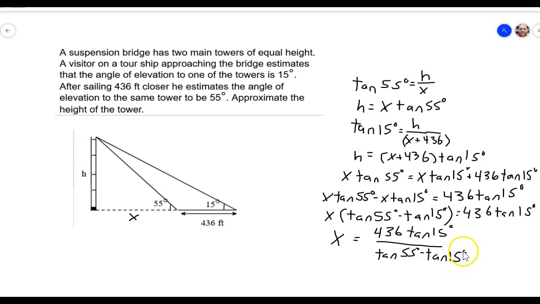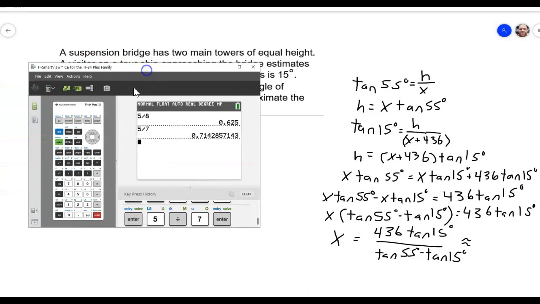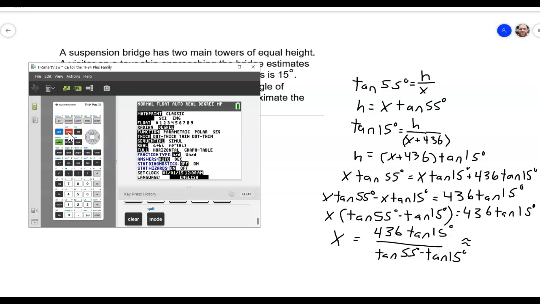All right. And for that, we will use the calculator and get us a nice approximation for x. So calculator out. Check my mode, make sure I am in degrees. I am.